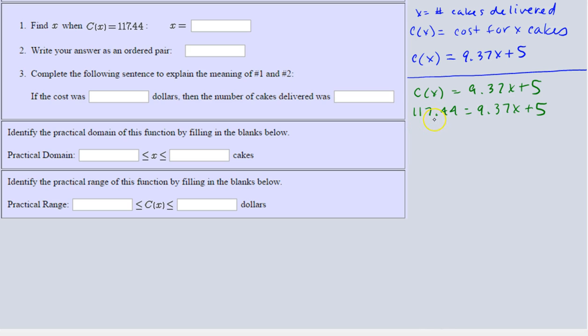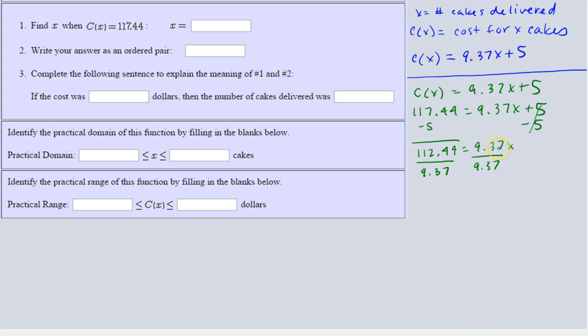So the total cost is $117.44. Well, let's subtract off the reservation fee of $5. So that's $112.44 at $9.37 per cake. That cancels out. So now we want to divide both sides by 9.37.